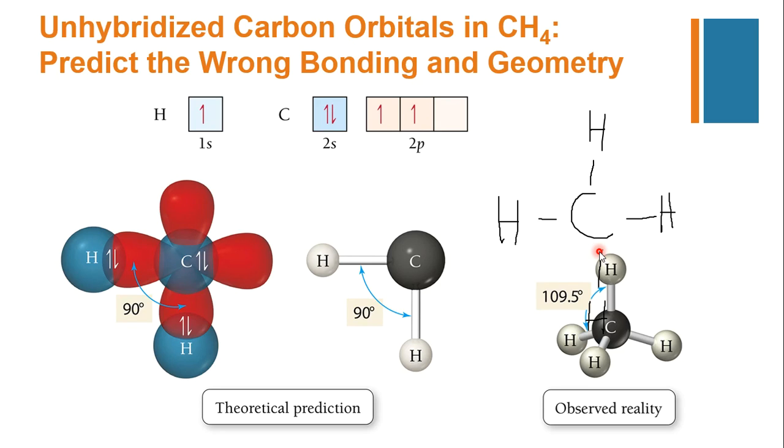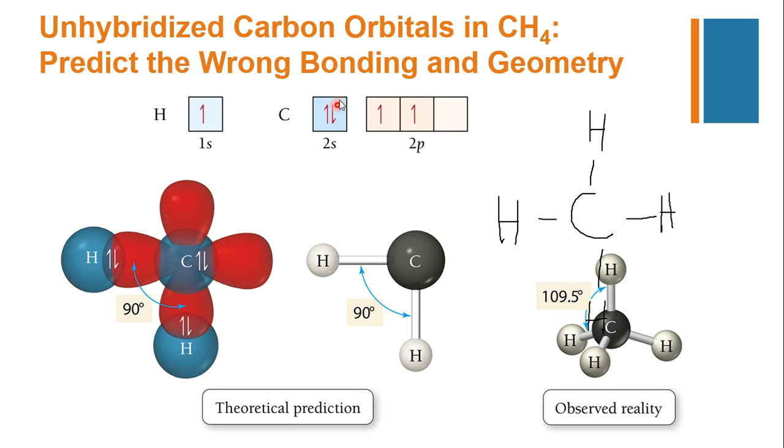So the 2 things that we have to talk about to help us understand how we actually get this molecule is we have to talk about hybridization. And then we also have to talk about the fact that carbon will expend a little bit of energy to promote this electron to this open or empty orbital.